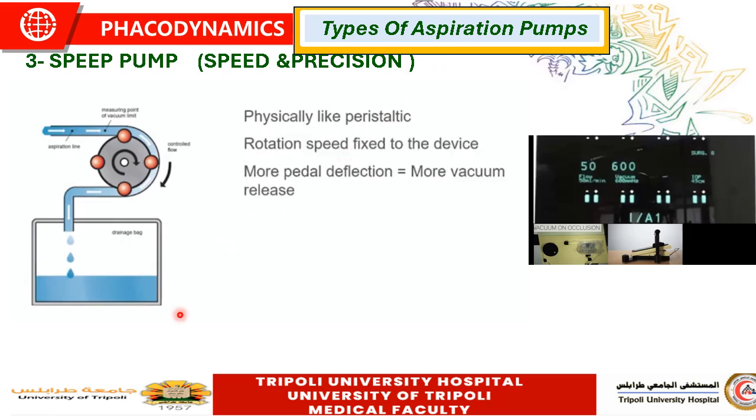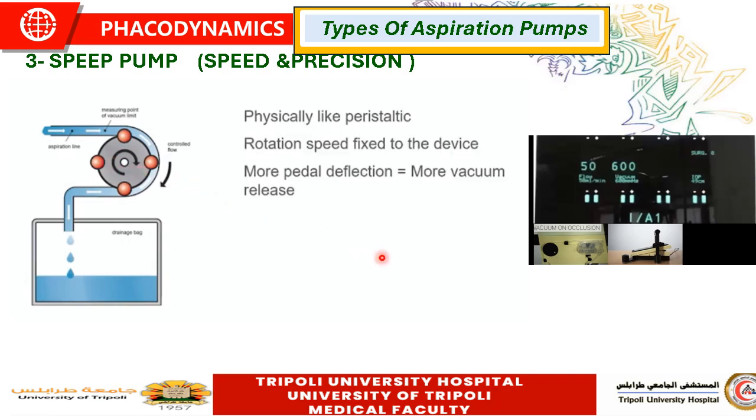Another type of pump system, invented by the Oertli company, is known as the speed pump, and this stands for speed and precision. It is physically similar to the peristaltic pump, but the speed is set to start very high initially, and once you press the foot pedal, a very high pump speed will start, so you'll have an immediate high aspiration flow rate.